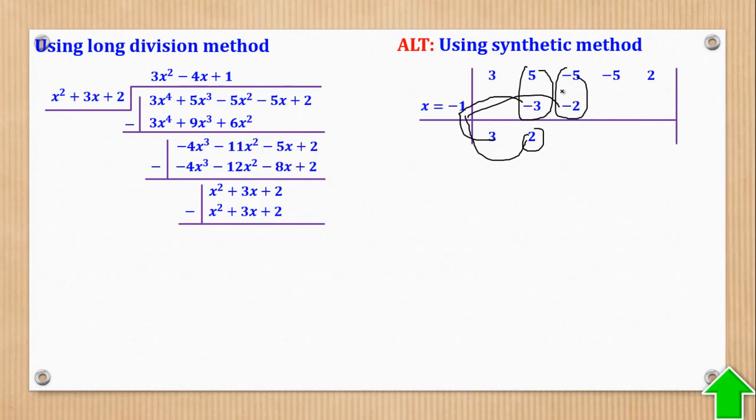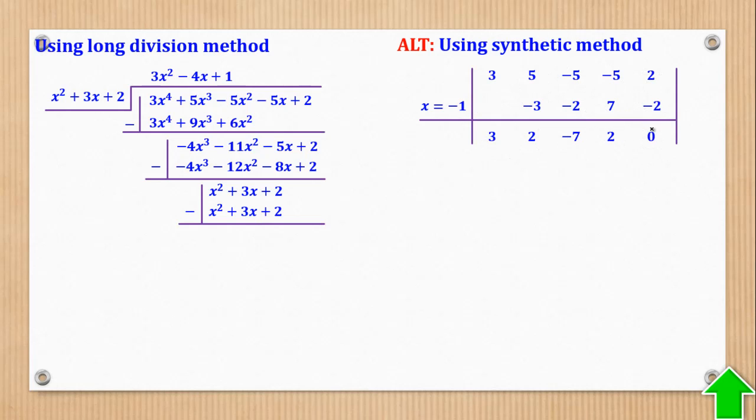Then add these 2 to get -7. -7 times -1 is what you put here. Then add these 2 to get +2. +2 times -1 is what you put here. Then add these 2 to get 0. So this is what they call remainder. So when there is a 0, it means remainder is 0.